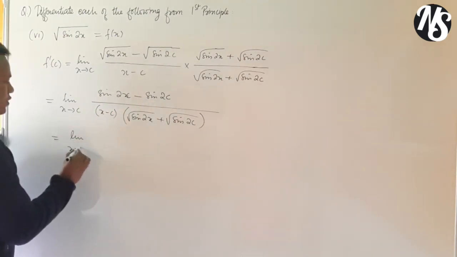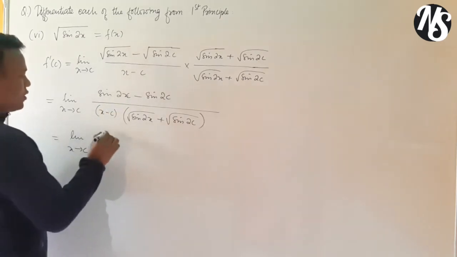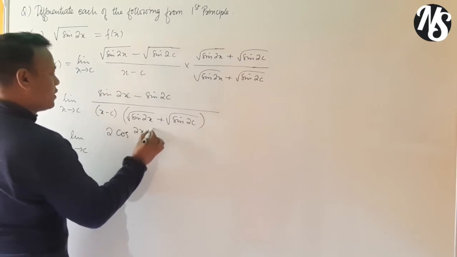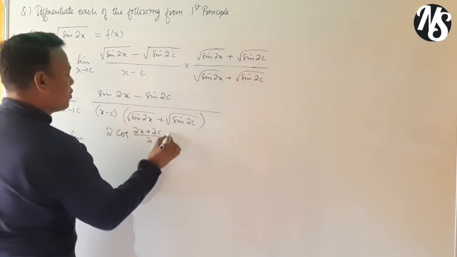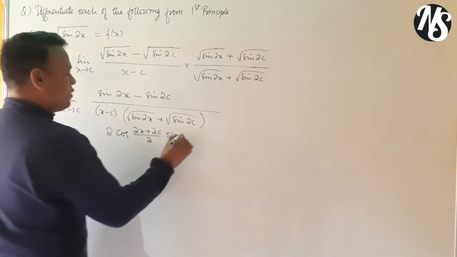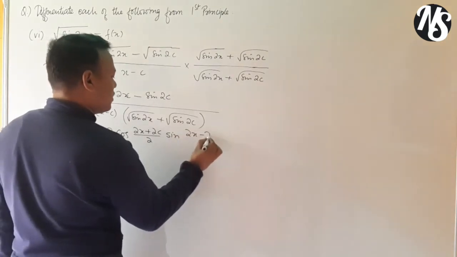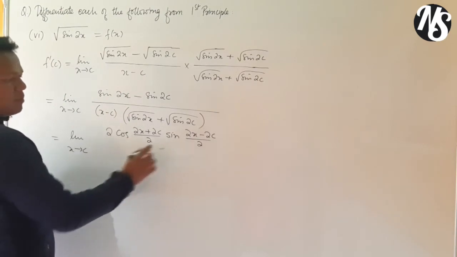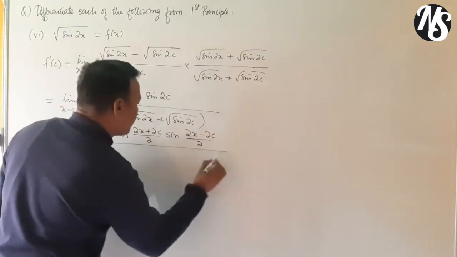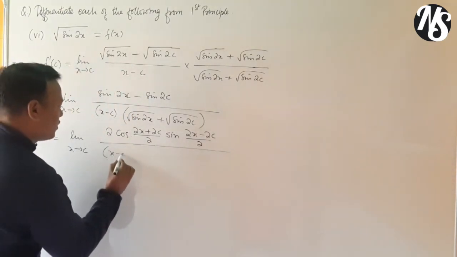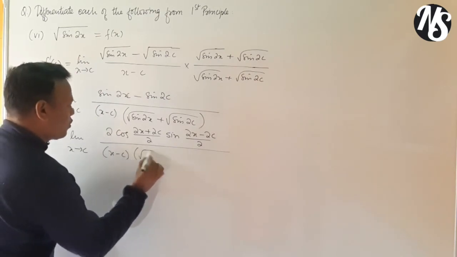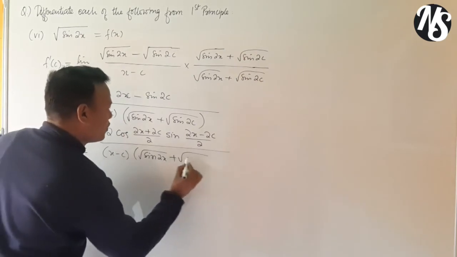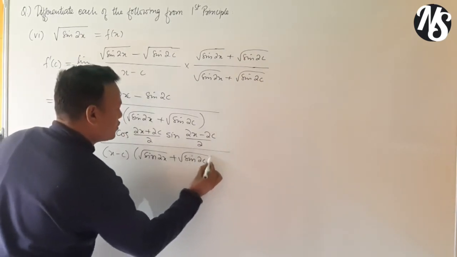So sine c minus sine d is 2 cos((c plus d)/2) sine((c minus d)/2). So this is my sine c minus sine d, divided by (x minus c) into [square root of sine 2x plus square root of sine 2c].